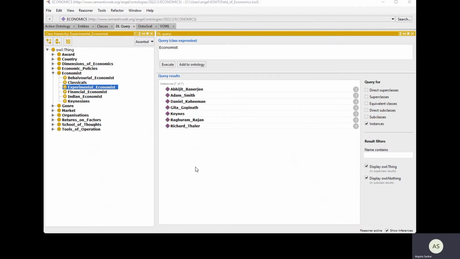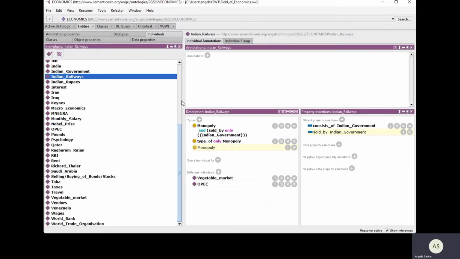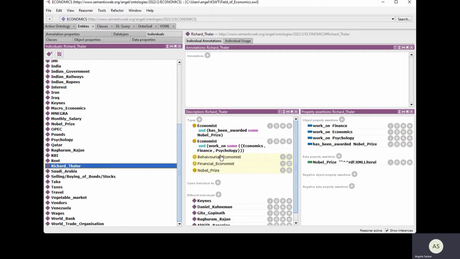Now if I want to look further, those who have been awarded the Nobel Prize. So look, Abhijit Banerjee, Daniel Kahneman, and Richard Thaler. If I click on the individual, I will find that yes, Richard Thaler is a behavioral economist, he is a financial economist, and he has been awarded the Nobel Prize, and Nobel Prize is an XML literal.